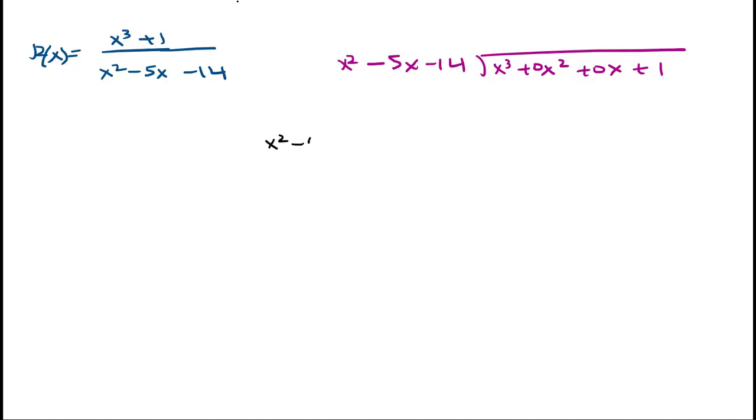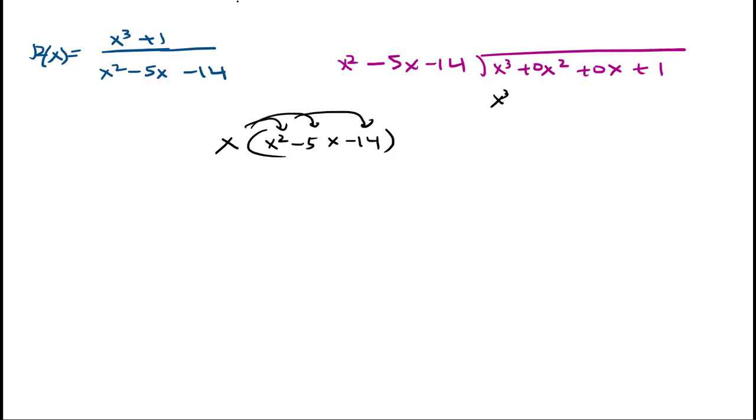So we have x squared minus 5x minus 14, okay? And what we want is to multiply this x squared so we can get an x cubed. So that's going to be an x, right? Because x times x squared is going to be x cubed. So that will be x cubed here. And then we're going to do that for each of the other terms.